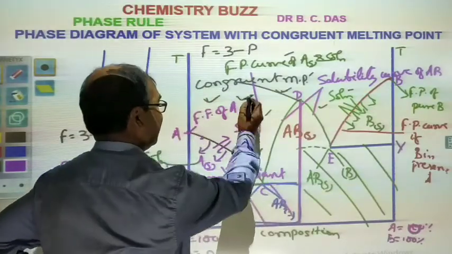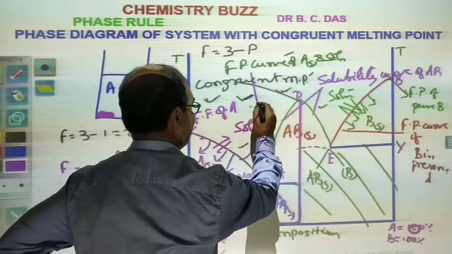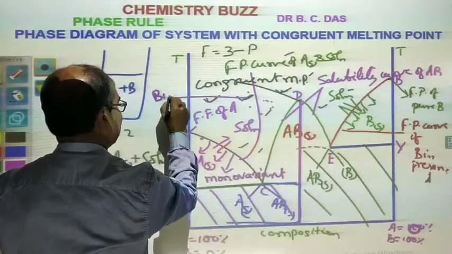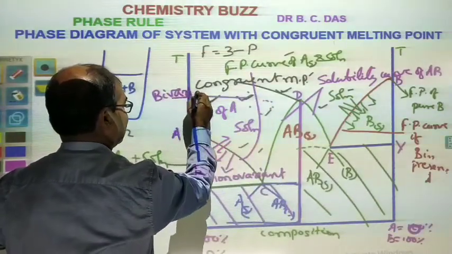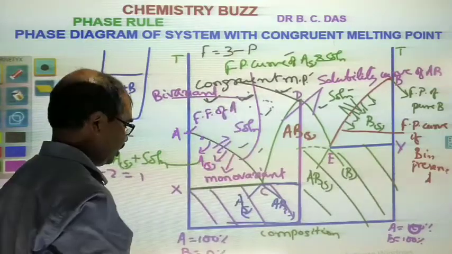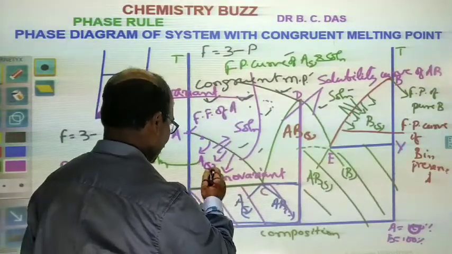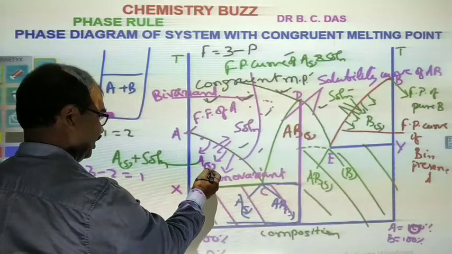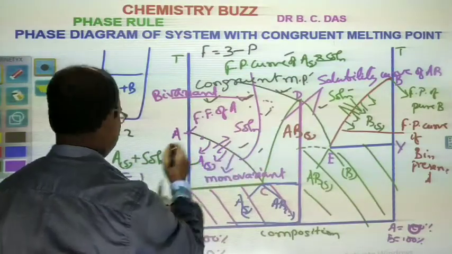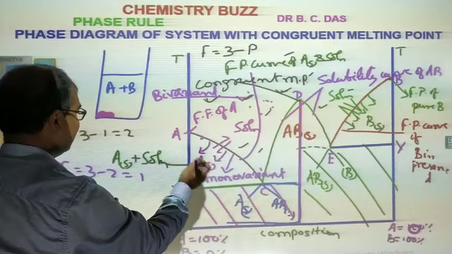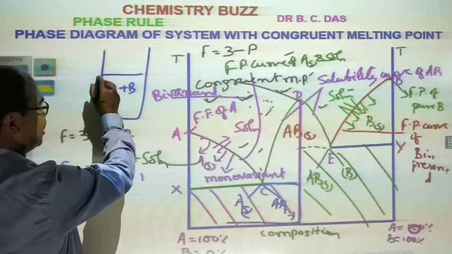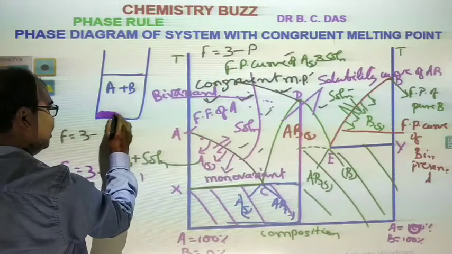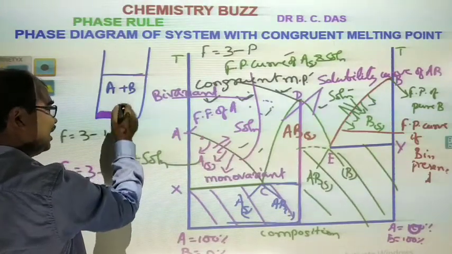Any point in this region is a bivariant, where the degree of freedom is 2, and this region also represents the solid A in solution, because when the solid A is formed, if you consider the experimental setup, the solid A is formed here and it is inside the solution.